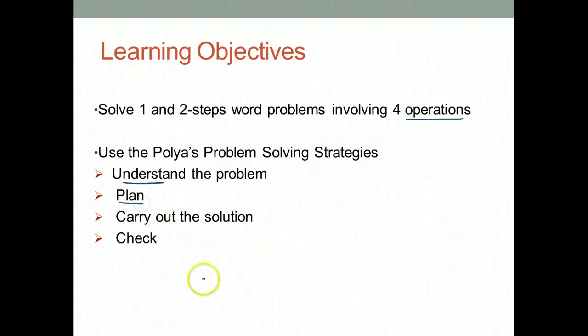Next, we plan by drawing models to help us see. And next, we carry out the solution by showing the method clearly. And lastly, we check for accuracy and precision by working backwards.